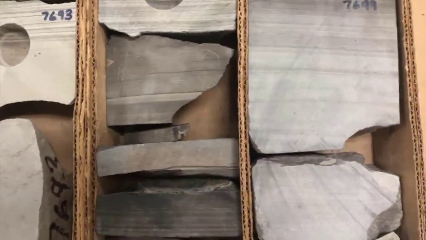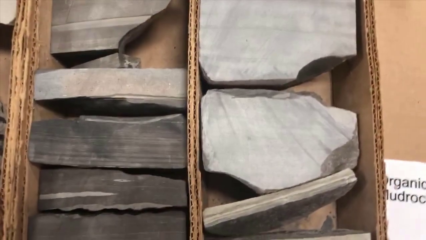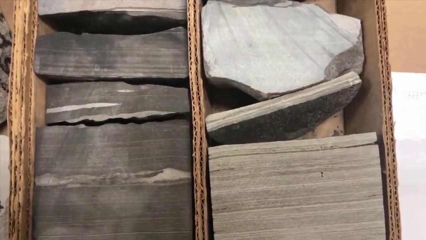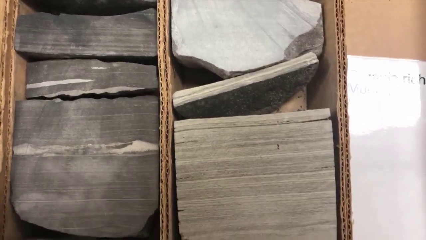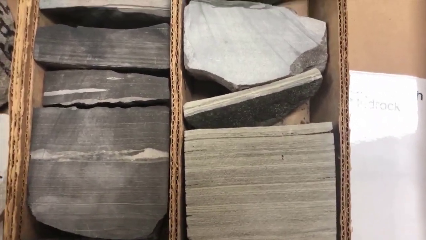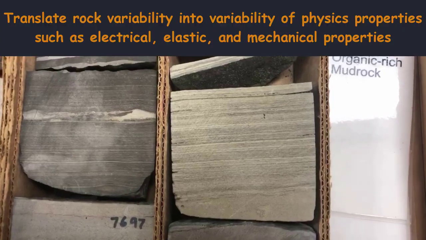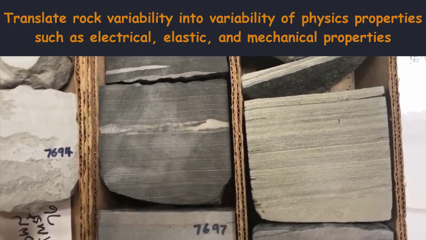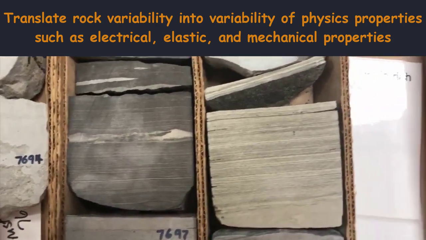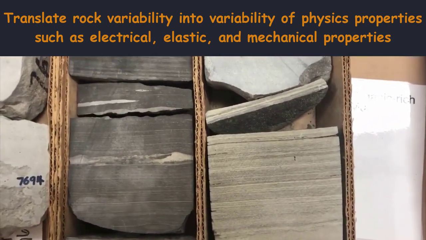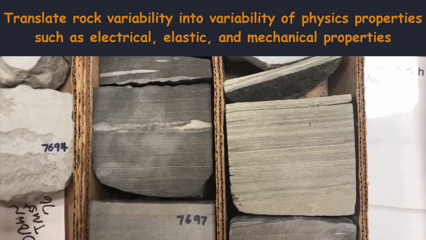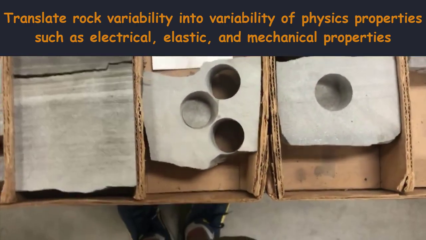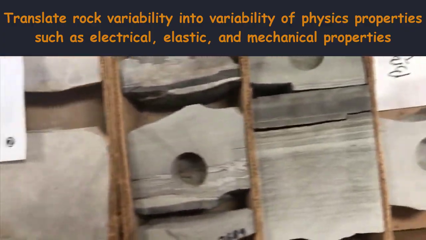And we go on to different sections that are more argillaceous, more clay concentrated, and obviously the gamma ray log is going to give us higher values. It's also very important to pay attention to these from the viewpoint not only of grain sizes and shell laminations, but also from the viewpoint of elastic mechanical properties, because the sonic logs, P-wave velocity, and shear wave velocity are also going to give us an indication of the variability.